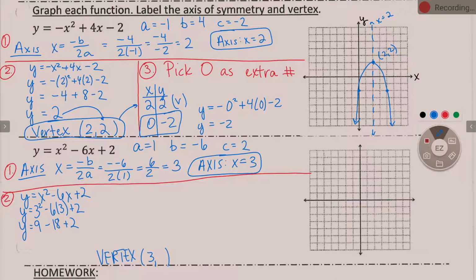So 9 minus 18 plus 2. That makes sense, because 9 minus 18 is negative 9. Negative 9 plus 2 is negative 7. And what about this negative 7? Goes into the vertex. Okay, 3, negative 7.